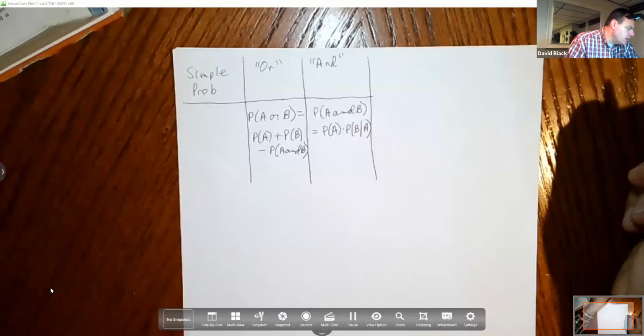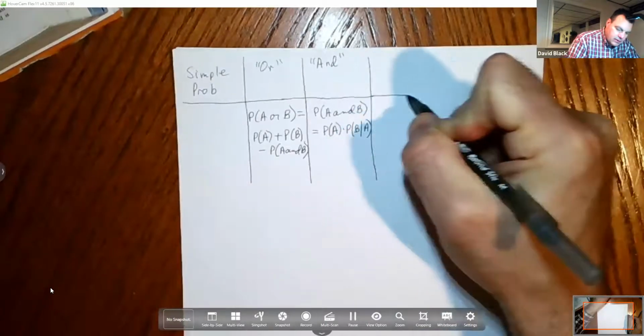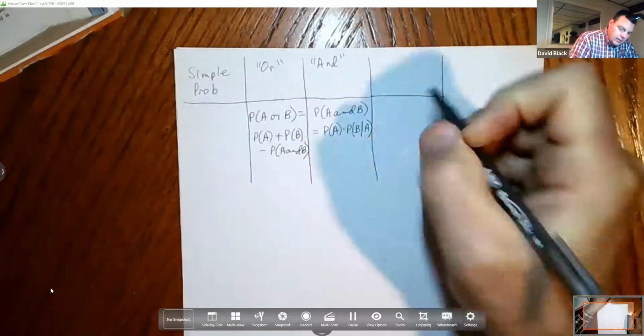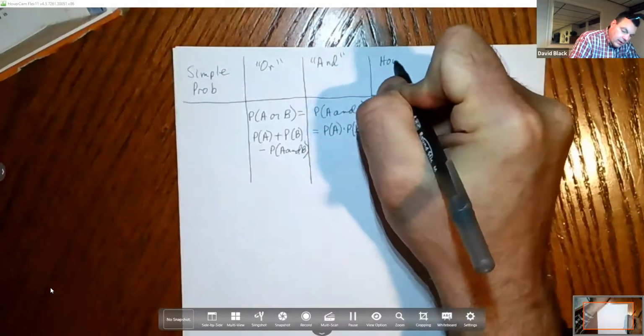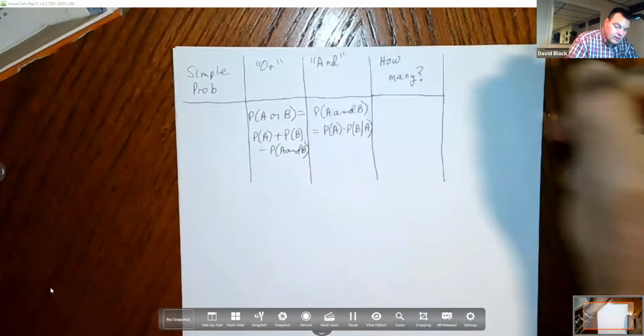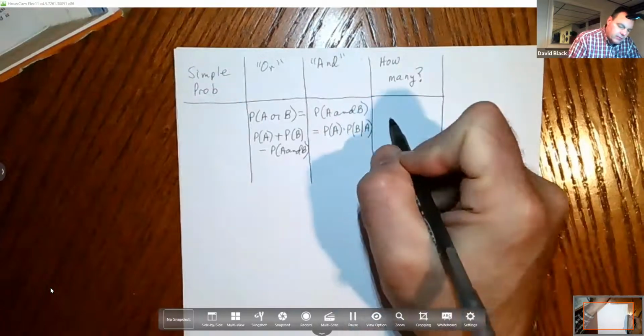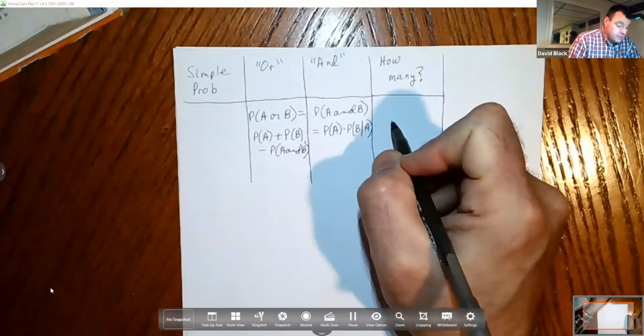All right, and then we had problems that began with the question, how many? So these were different in nature, the how many problems, because they weren't asking about probability. How many ways can such and such occur? So on those problems, we ask a couple of questions.